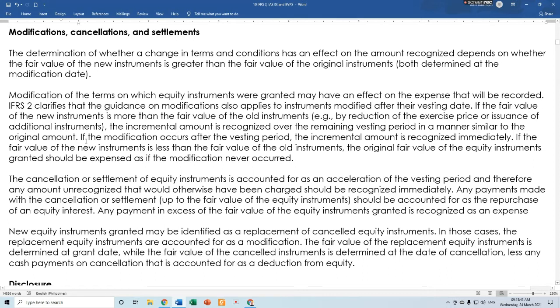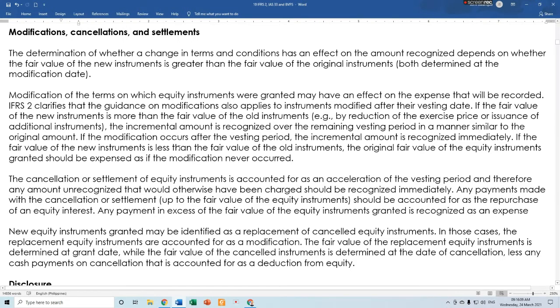Okay? So in other words, walang prior period adjustment. Ang i-adjust natin yung mga subsequent period expenses or kung nag-vest na, ito yung total effect ng modification, i-recognize na natin doon sa mismong period ng change at total amount.